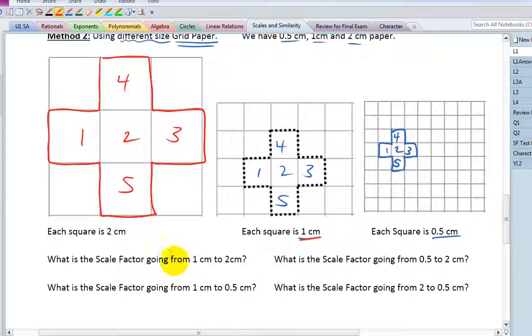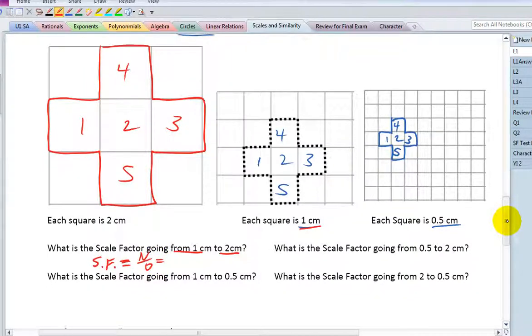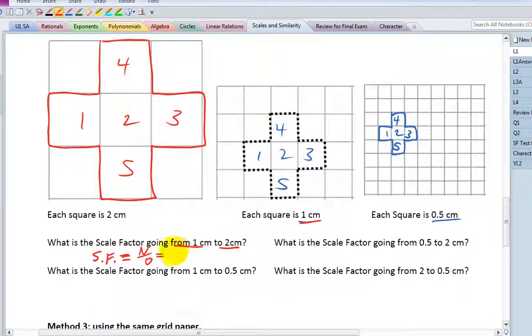So if we go from 1 to 2 centimeters, please find the scale factor. Doing new over original, your scale factor would be 2. So this would be new, and that would be original. Please do that for the next 3. Find the scale factors for the different possible scenarios.